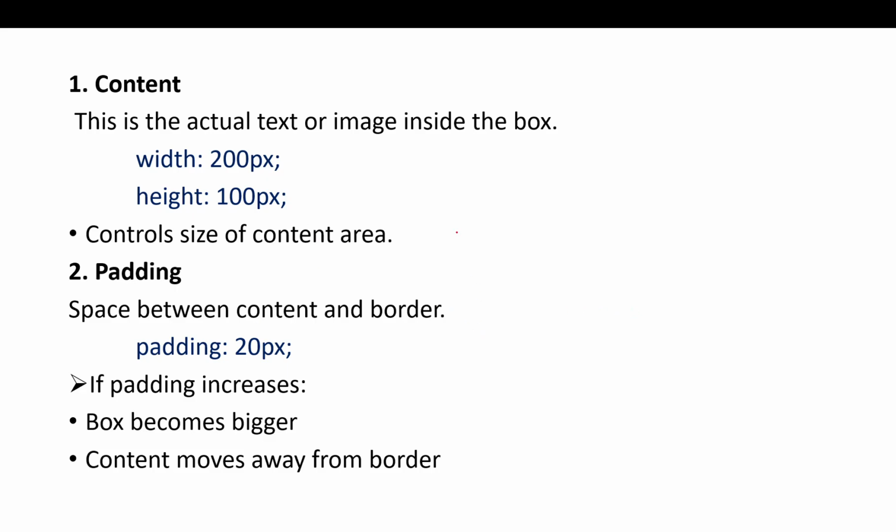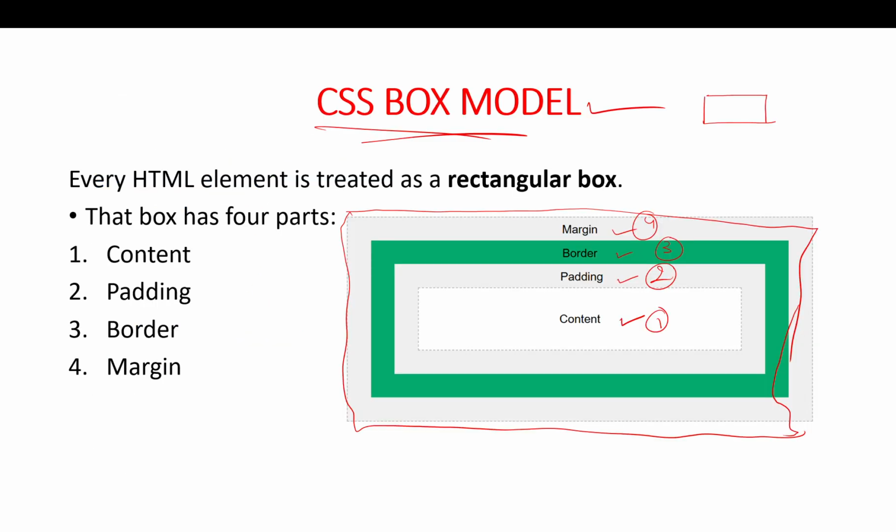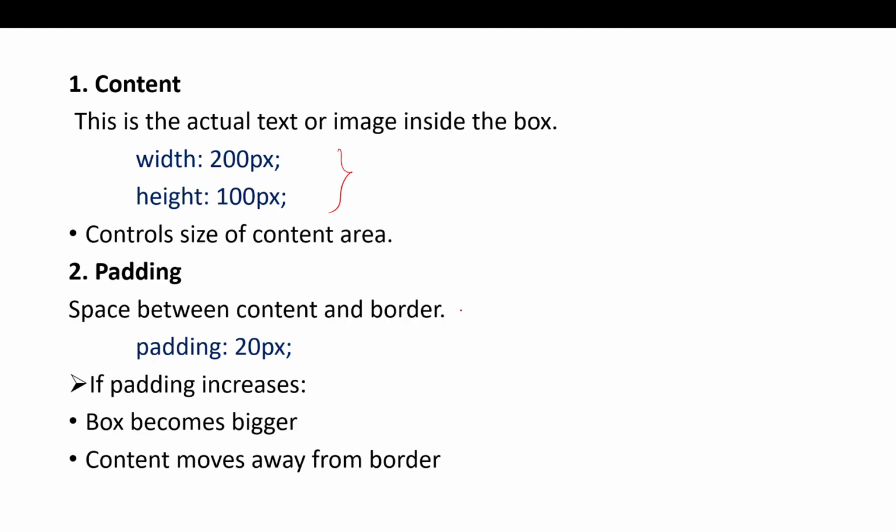For example, content is the actual text or image inside the box. We can set the height and width of that particular content in pixel values, which controls the size of the content area. And we know that padding is nothing but the space between content and border. We may mention the value to acquire the space between content and border.